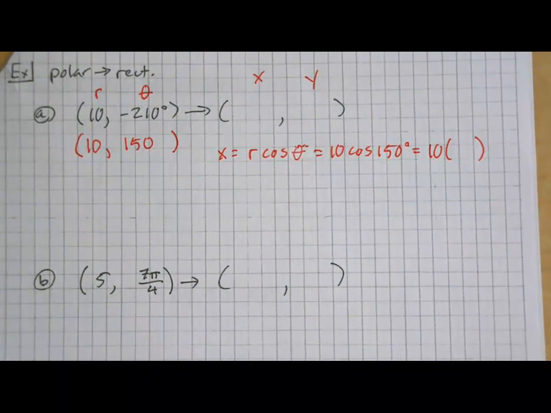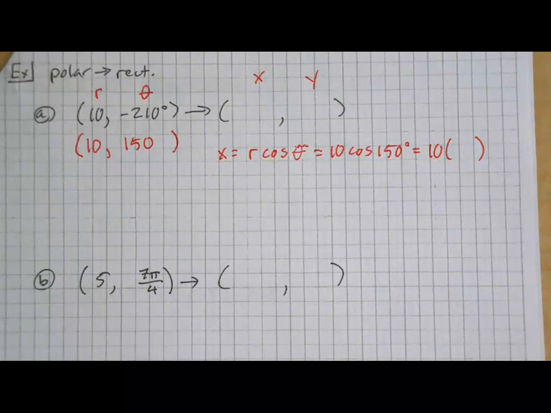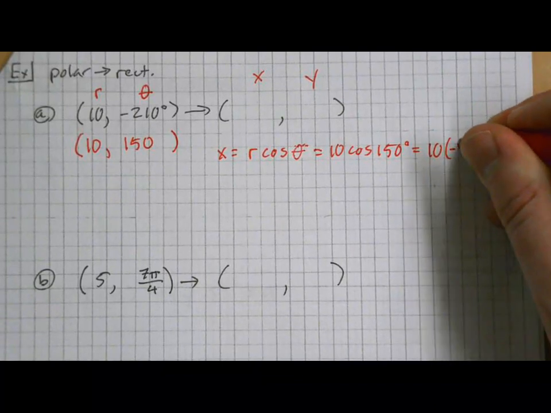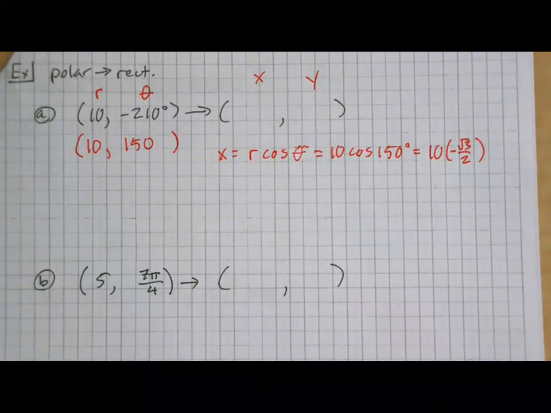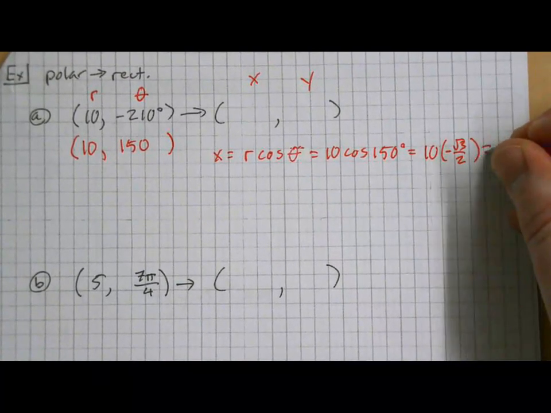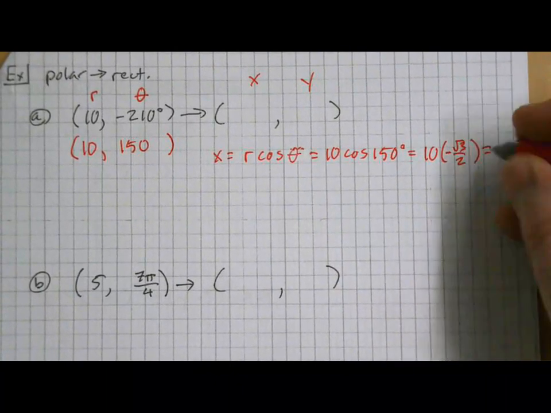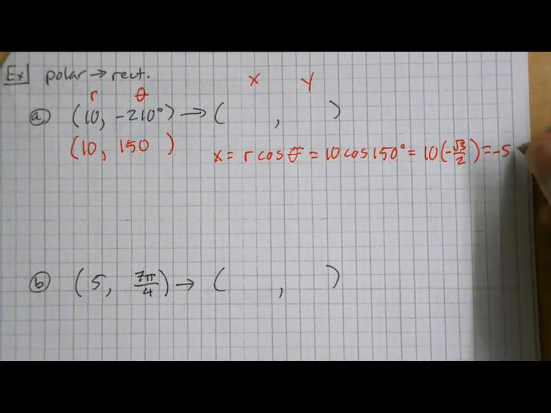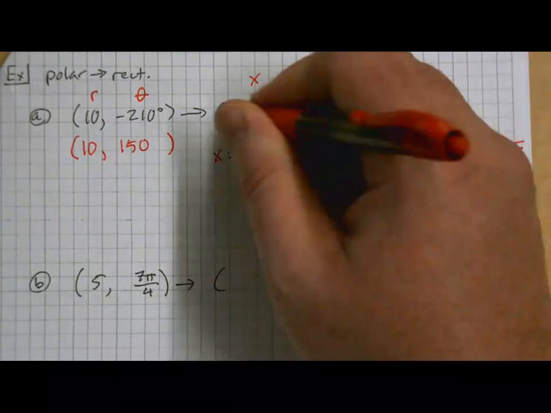Let's see here, it's going to be negative, and it's the bigger of the two. Negative root 3 over 2 sound right? And then we can simplify that. 10 times something over 2 is just going to be 5 times that thing. So negative 5 root 3 for my x coordinate.